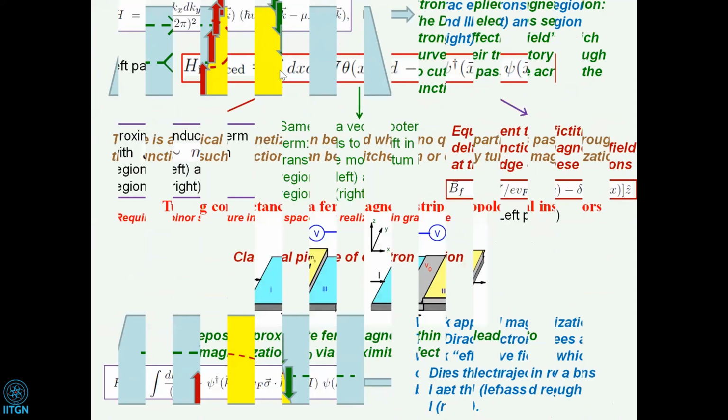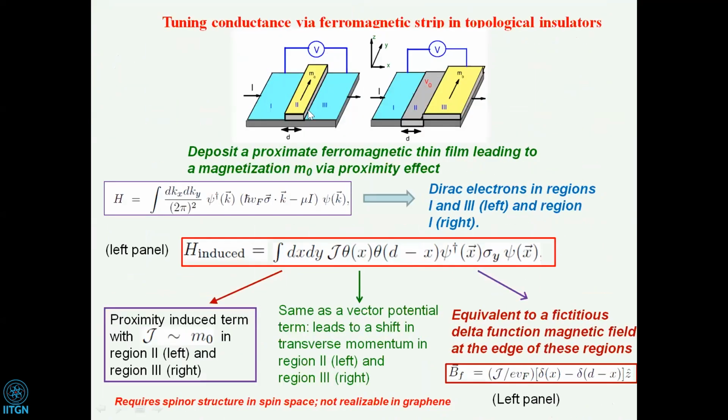If I put in a magnetization like this, just consider the left geometry, forget about the right geometry for now. Then what I have is the following: a magnetization term proportional to sigma y. This is the y direction. This is the induced term because of this magnetic material, some ferromagnet with magnetization along y.